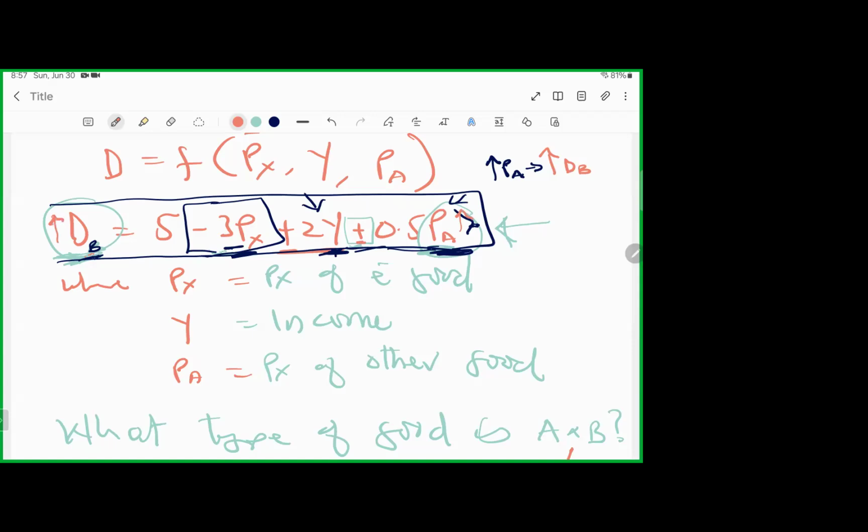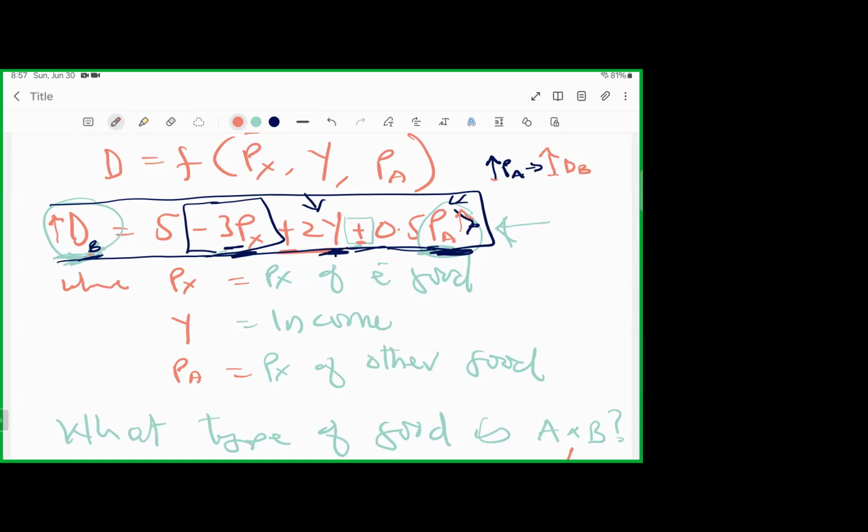Increase. So if there is an increase in the price of a particular good, and that leads to an increase in the demand for the other good, what type of good is it? Remember, we are looking at two goods, substitutes or complements. So what will make you buy more of a particular good if the price of one other good has increased? It's because they are substitutes, they serve the same purpose.